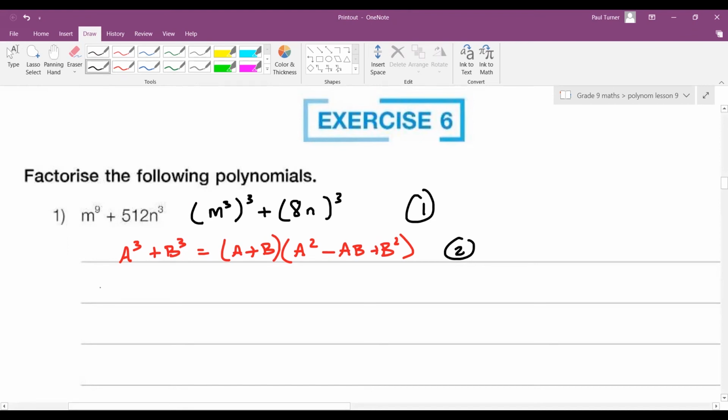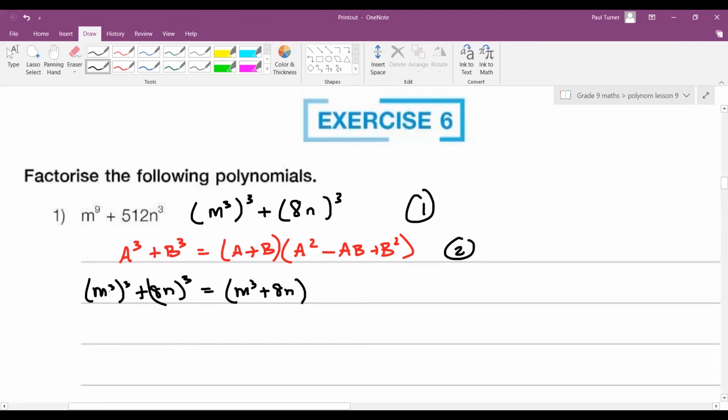So we could write that again, I guess. So m cubed plus 8n cubed equals a plus b. So m cubed plus 8n as the first one. Then you've got a squared.